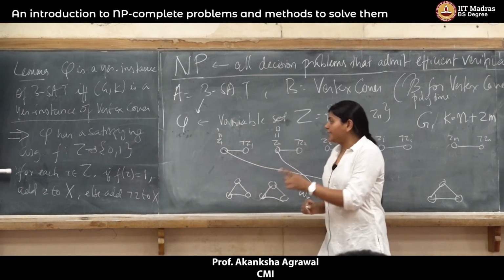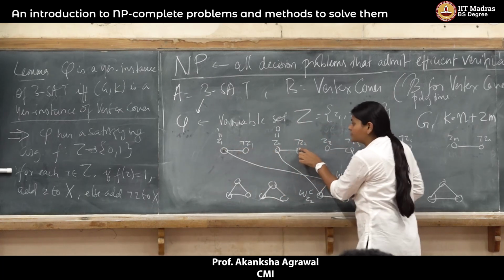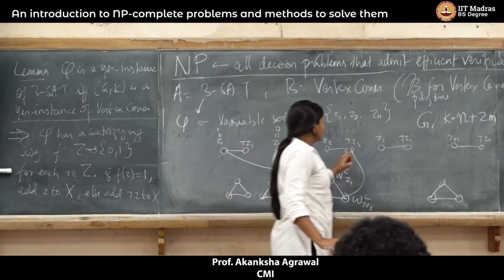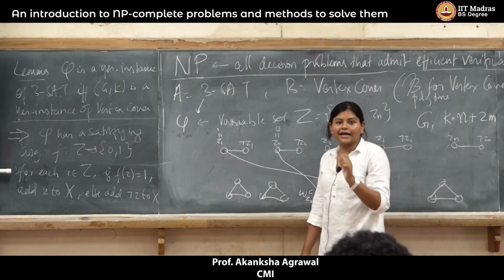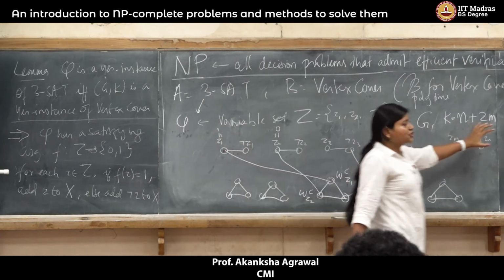Then here I'll add Z1 to my set X, and here I'll add not of Z2 to my set X. Note that for each of these edges I have included exactly one of the endpoints. So I have exhausted my budget N.